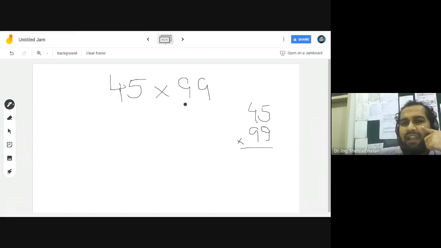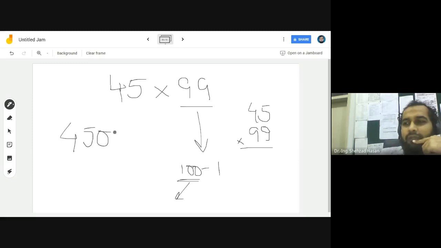So 99 is actually 90 plus 9, and you are multiplying with 9 and another 9, and then you're going to add it. What you can do is think about 99 as 100 minus 1, right? And when you think it in this way, this 100 is a good thing to have, because this 100 means you simply have to do nothing but shift it twice.